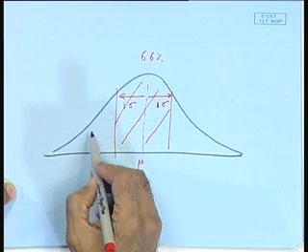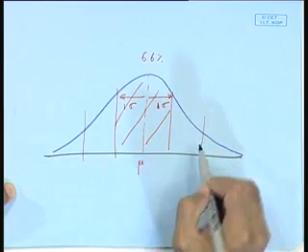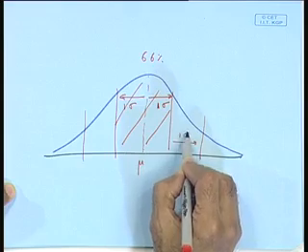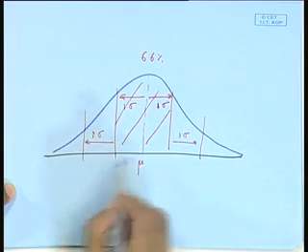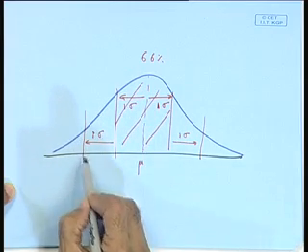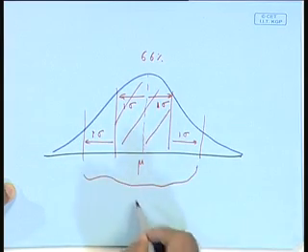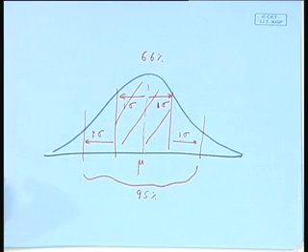If I make it another sigma, so from the midpoint I'm now 2 sigma away, 1 sigma and 1 sigma, this distance from here to here will contain 95% of the area under that distribution.